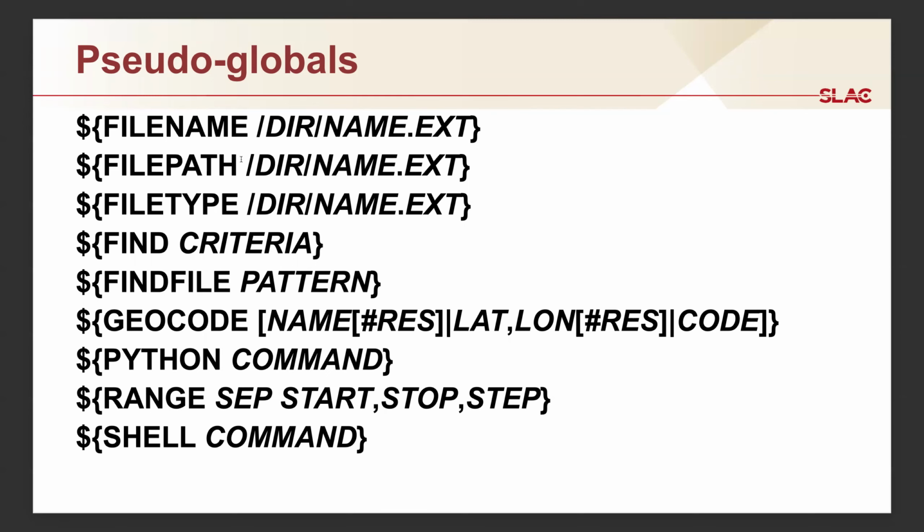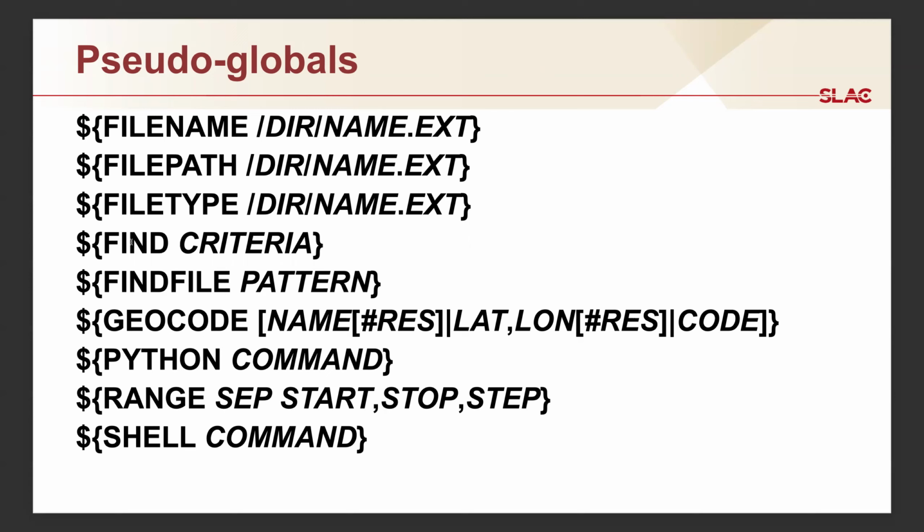File path will extract the directory of the full path, and file type will extract the extension of the full path. So these can be useful to take apart file names when you need to, for example, do substitutions or take a file name, replace its extension, things like that.